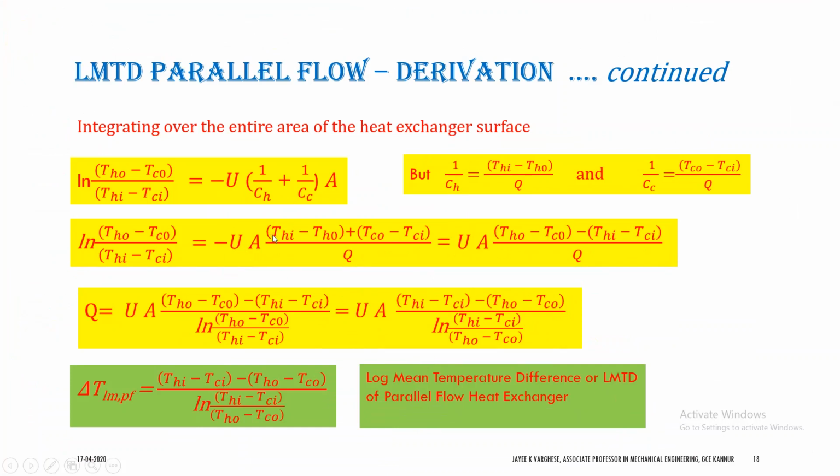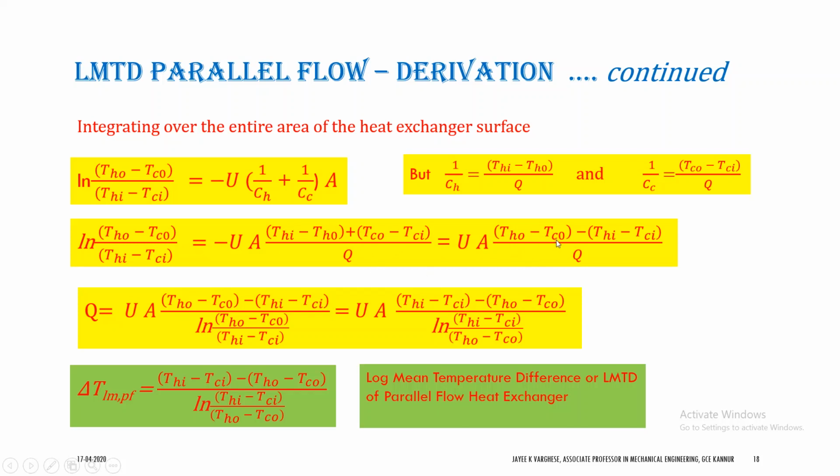So now after taking the negative inside, minus Tho will become plus Tho, and plus Tco will become minus Tco.